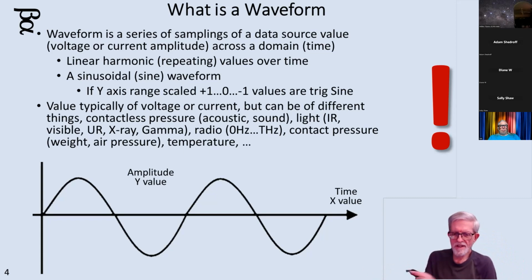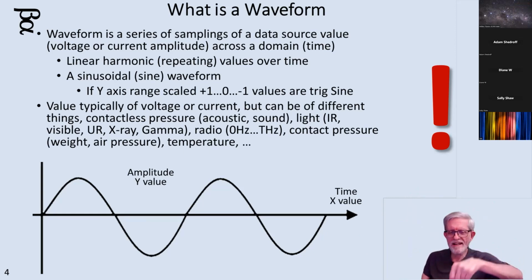But this kind of wave exists in all kinds of things: acoustics and sound, various electromagnetic spectrum, infrared, visible, ultraviolet or UV, X-ray and gamma, and then in radio from 0 hertz through terahertz. Contact pressure, pushing on things, air pressure, measuring the atmospheric and the altitude of things, springs.